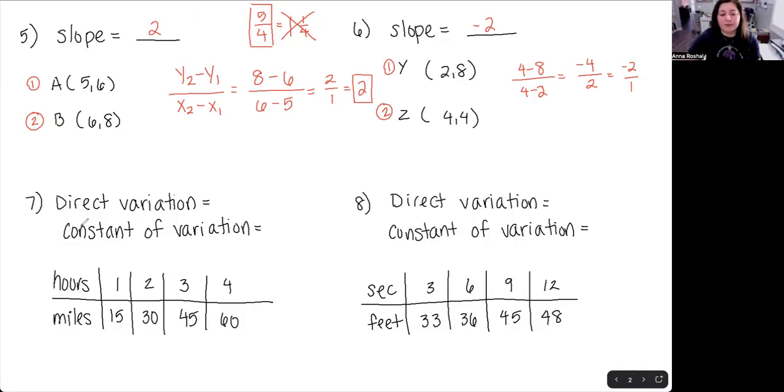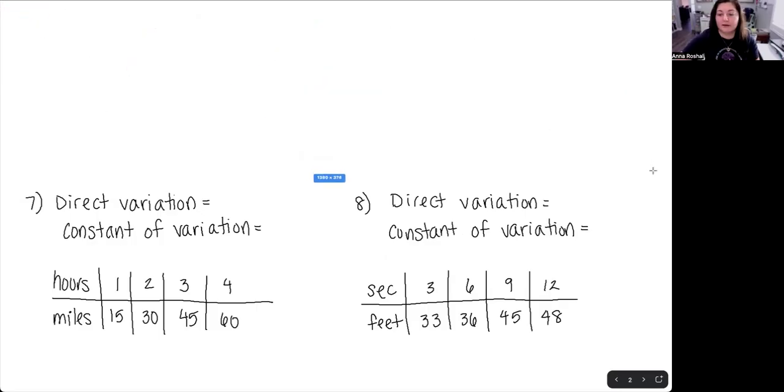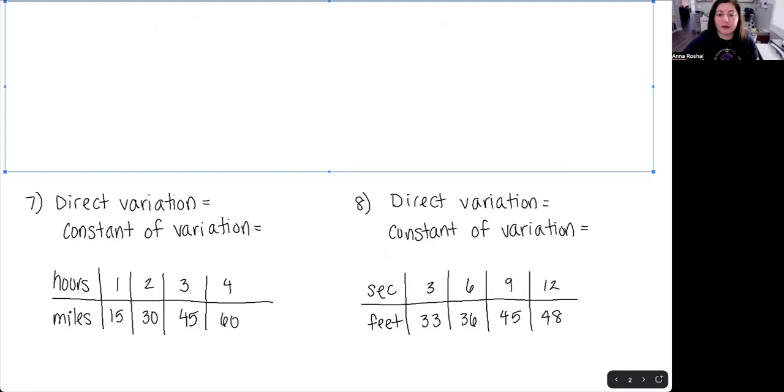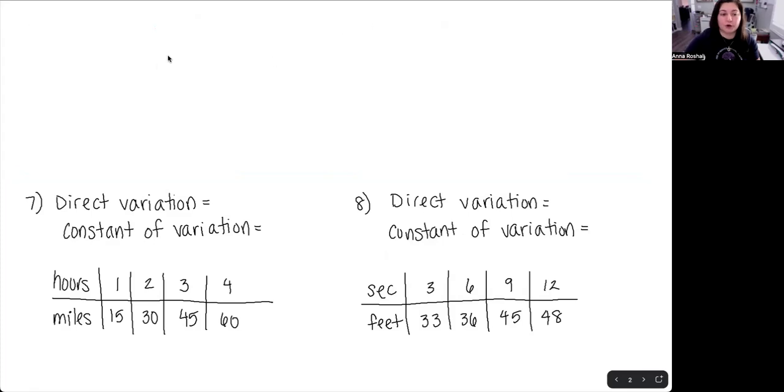So the next two problems ask if there is a direct variation and what the constant of variation is. A direct variation, simply put, just means that there is a... let me actually get rid of this so I can do some drawings. Okay, so when I have a graph, here's my x-axis, here's my y-axis.